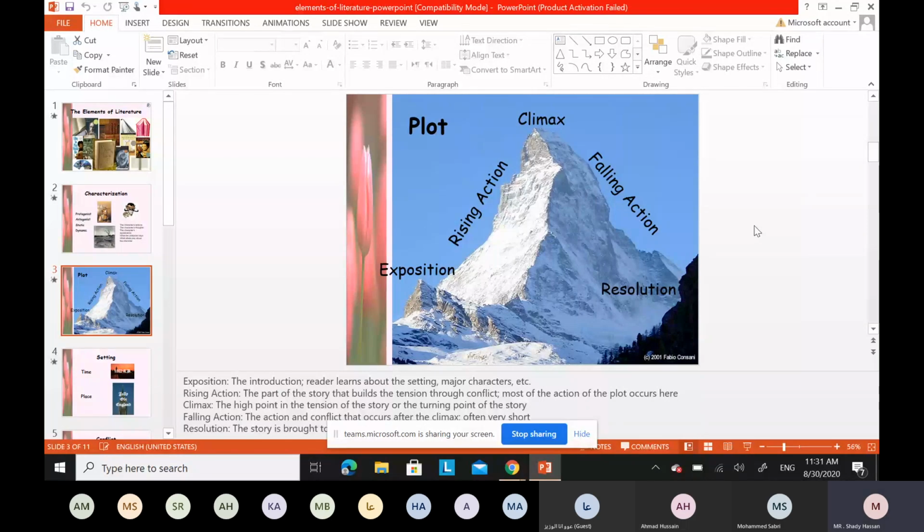And when we reach the closure point in which the problem gets solved, we have the end. We call it the resolution, or another term, denouement. Denouement is a French word, but it's used in the English dictionary. It means the resolution.